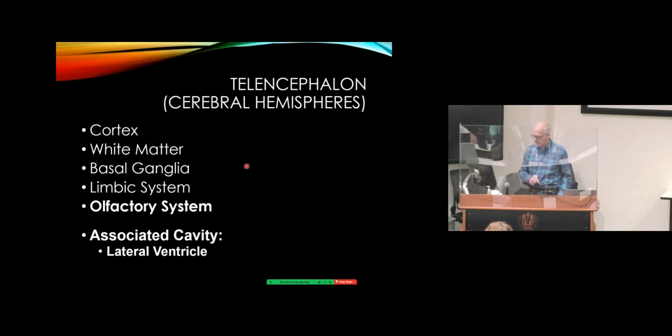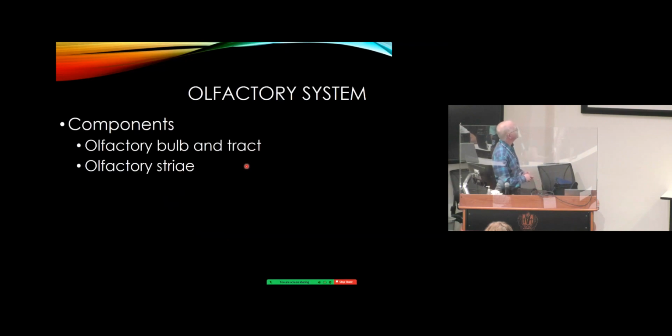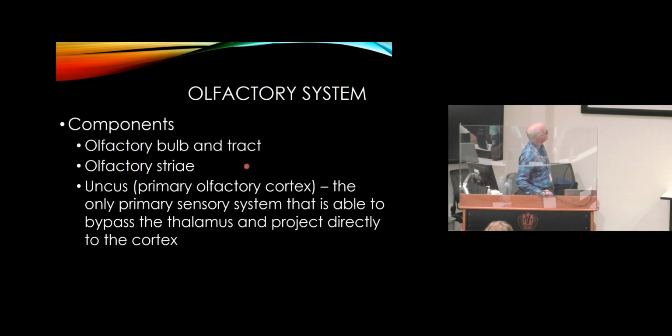Okay, and our last diencephalic structure, which we say very little about, is the olfactory system. We have an olfactory bulb and tract I've already identified, and there are these little striae connections from there that go back to the uncus, and remember that is your primary olfactory cortex. I don't know how important this is, but in just a little bit, we're going to talk about the thalamus of the brain.